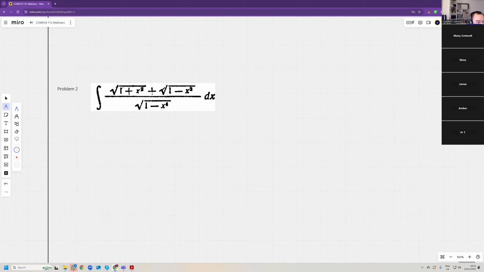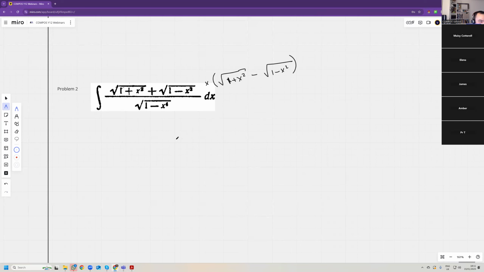So, I see this. My guess is that we would multiply top and bottom by √(1 plus x squared) minus √(1 minus x squared). Top and bottom.